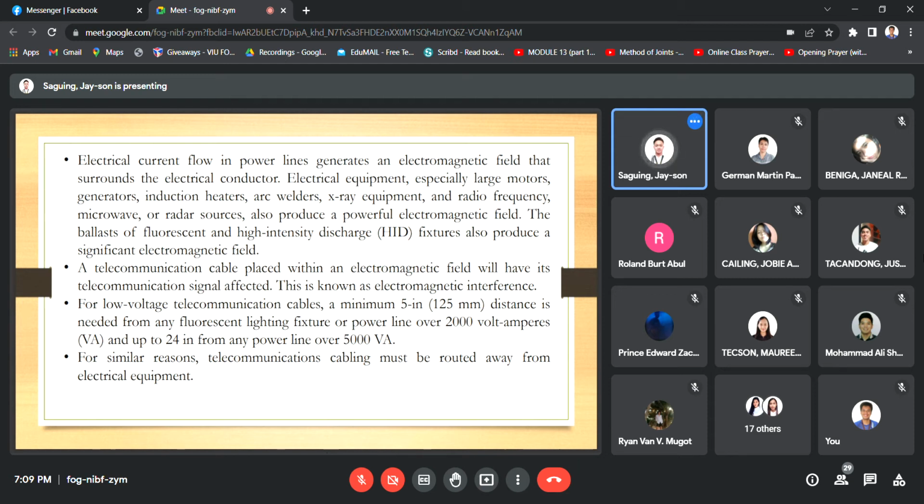In general, telecommunications cabling is routed separately or several feet away from power cabling. For similar reasons, telecommunications cabling must be routed away from electrical equipment.